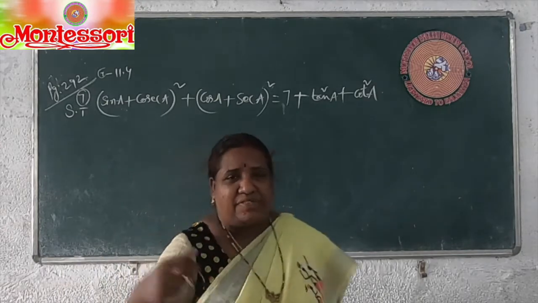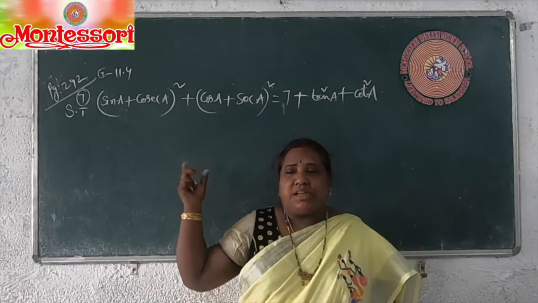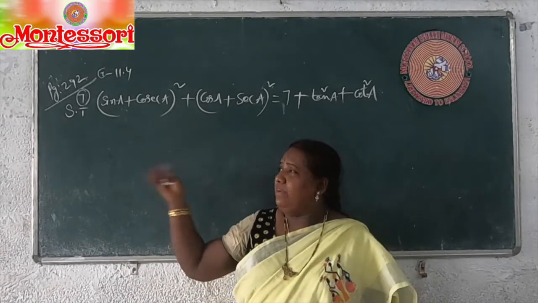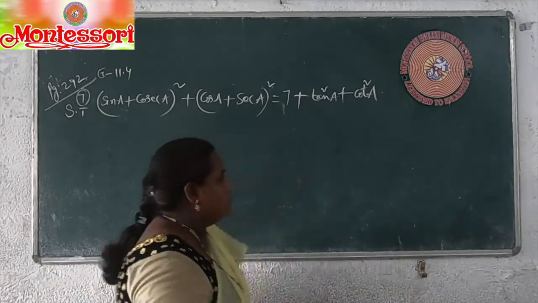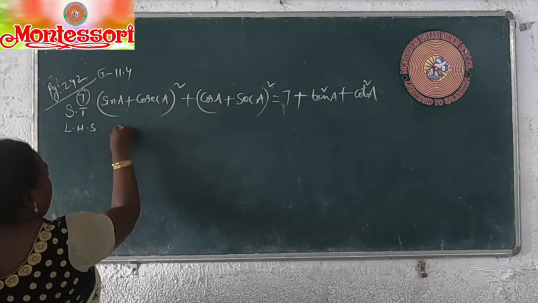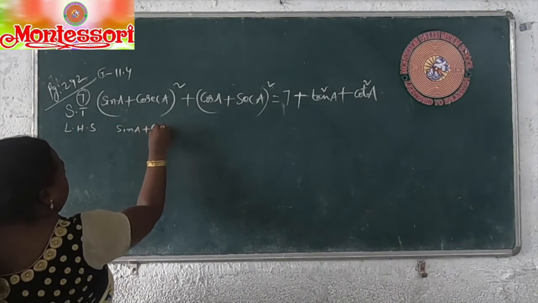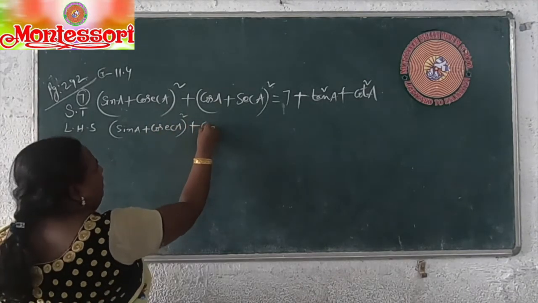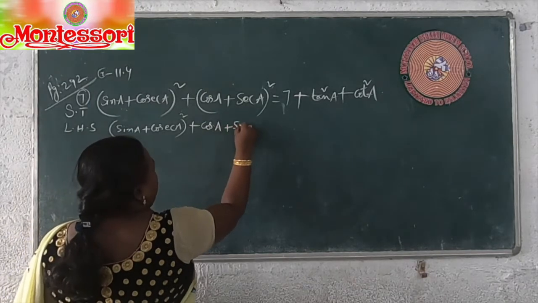We start with LHS. If you simplify LHS and automatically get RHS, the sum is complete. Now LHS: (sin A plus cosec A) whole square plus (cos A plus sec A) whole square.